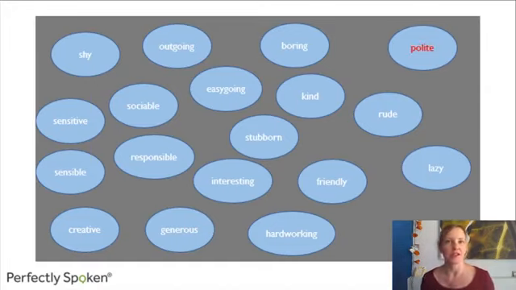Polite. Now, the next adjective is the opposite of polite. We have polite, impolite, and a synonym of impolite. So the opposite of polite is, you know, rude. Rude. Yes, I don't like rude people. No, I am very polite.